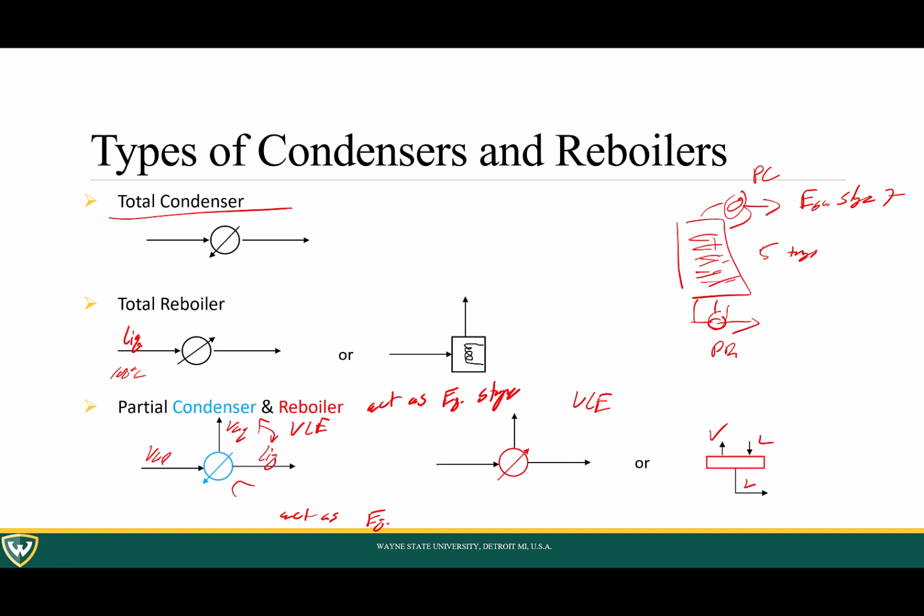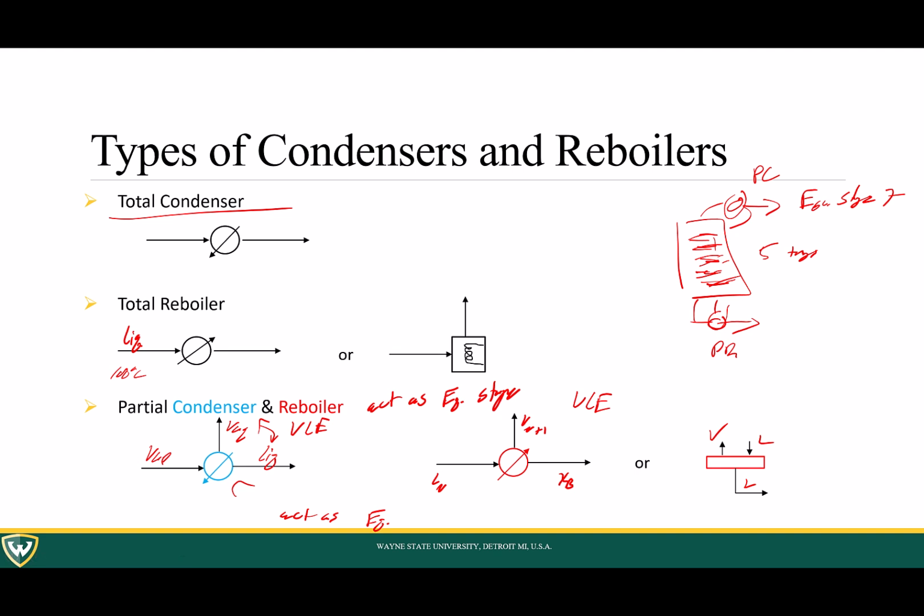If I just call this Ln, and if this is going back as VB, and this is XB, I guess this is V of n plus 1, because if we're imagining that we have a distillation column with n number of stages, this liquid is coming from the nth stage, and this V of n plus 1 is vapor coming from the n plus 1 stage, which is your partial reboiler.